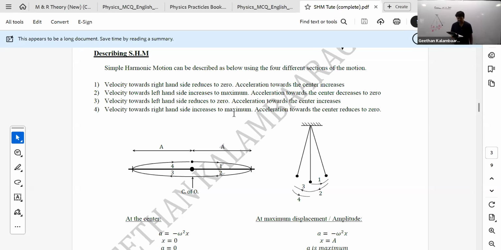In the second step, velocity towards left hand side increases to the maximum, and acceleration towards the center decreases to zero.